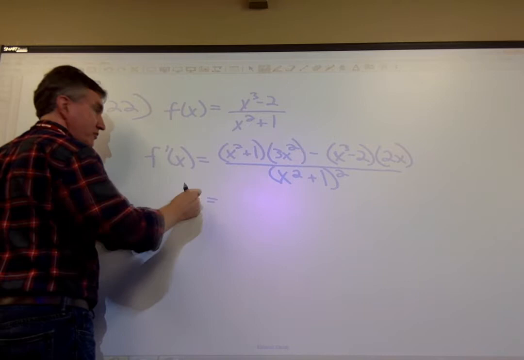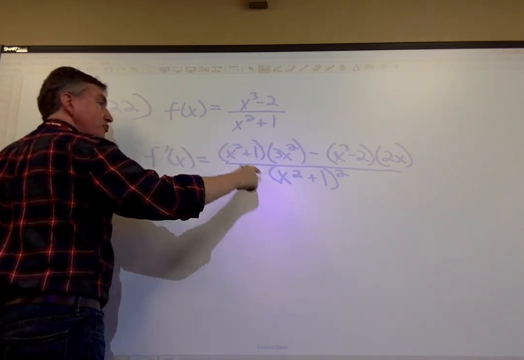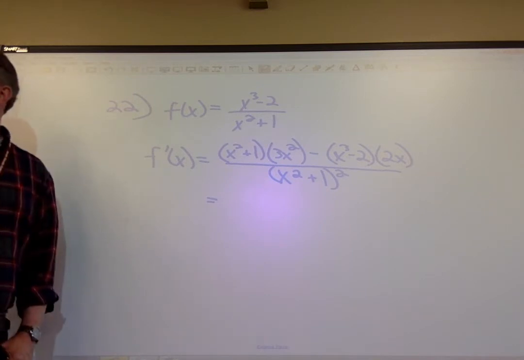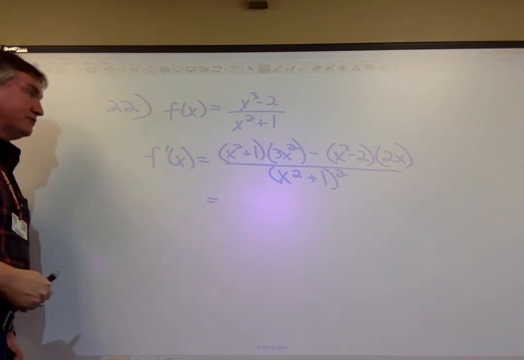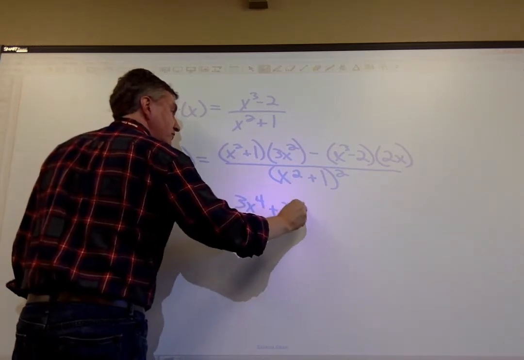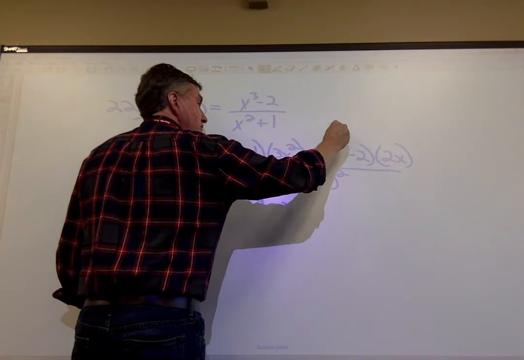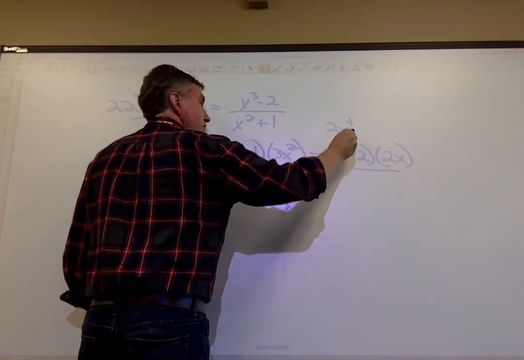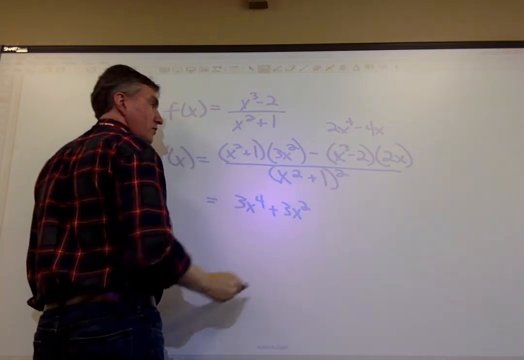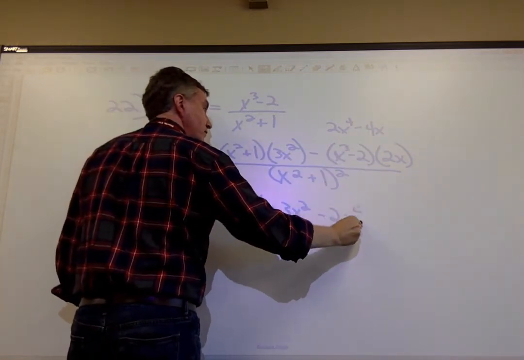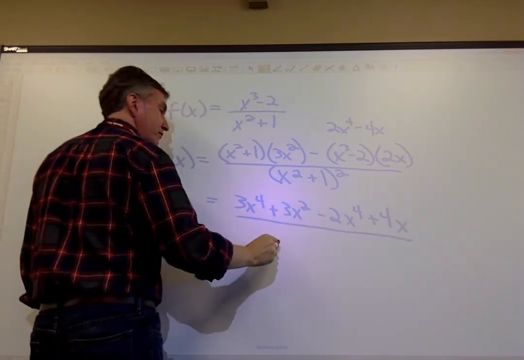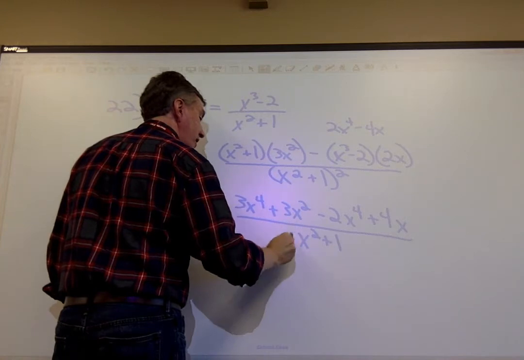What's horrible is you'll be so proud of yourself if you remember the rule and you get to this, and then you realize I've got to simplify this, and then if you make a mistake simplifying it, it's going to be different from the book answer. But I'm going to leave the denominator alone.